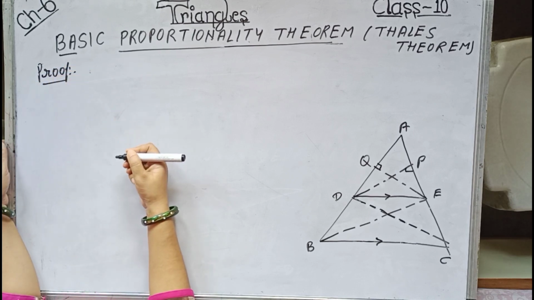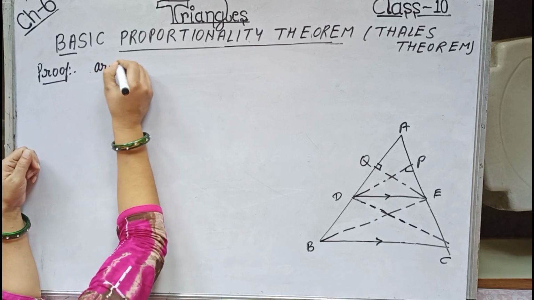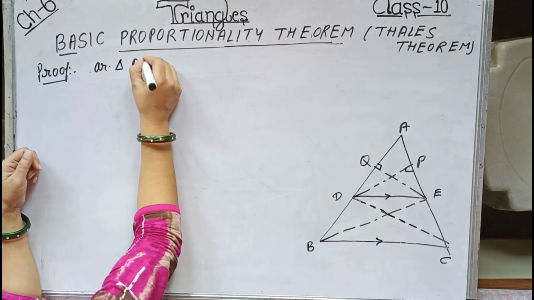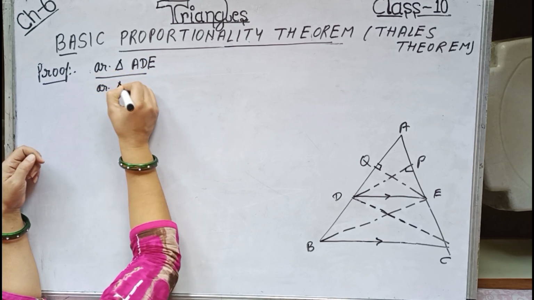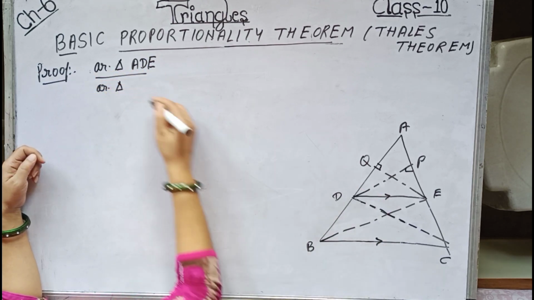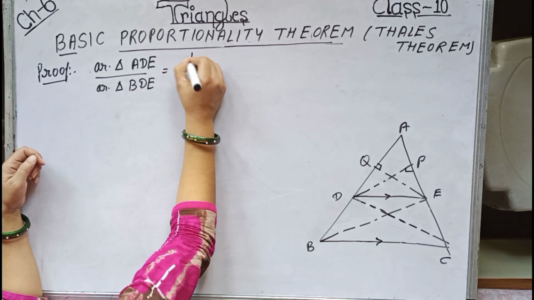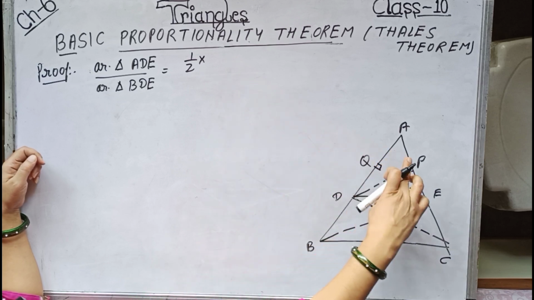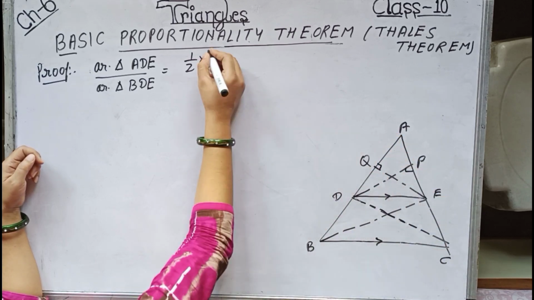We know that area of a triangle is half into base into height. So area of triangle ADE by area of triangle BDE will be equal to half. Now for ADE we are taking AD as the base and EQ as the perpendicular.